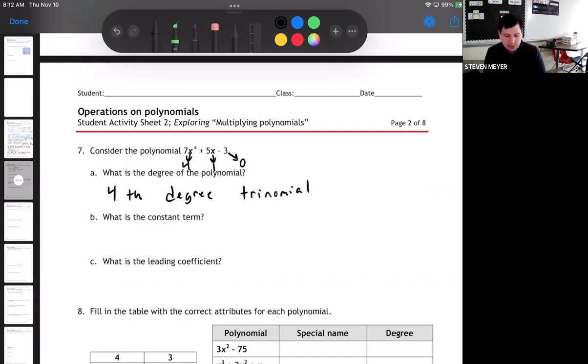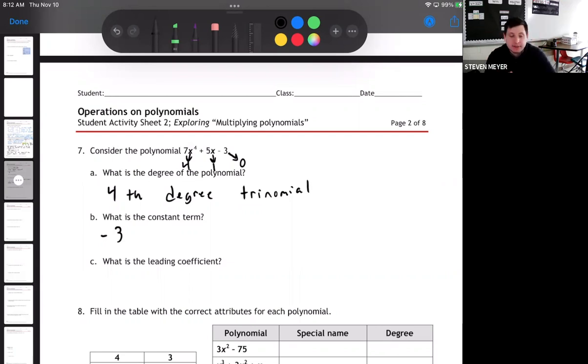What is the constant term? So the constant term has no variable attached to it. So in this case, -3. And then the leading coefficient. So coefficient means a number that's in front of a variable. So in this case, the leading coefficient of the highest degree is 7x to the power of 4.